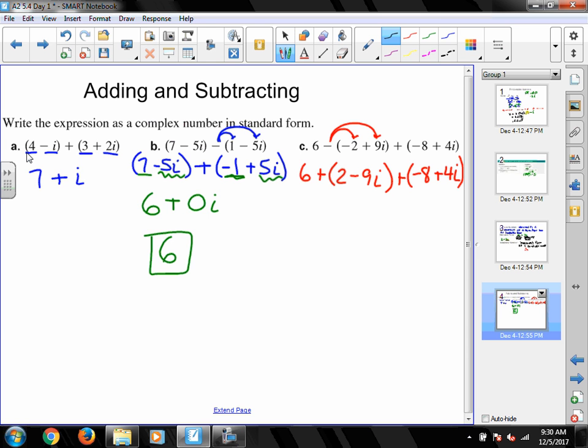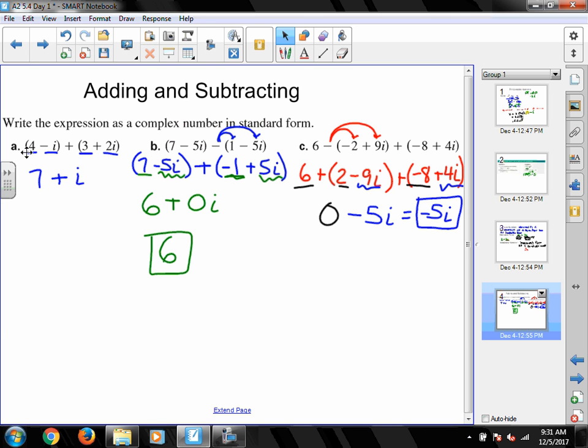We're going to collect all our real parts, our 6, 2, negative 8. 6 plus 2 is going to give me 8, minus 8 is going to give me 0. And if I look at my imaginary part, I'm going to take negative 9i plus 4i. That's going to give me negative 5i. And 0 minus 5i is just going to give us a negative 5i. So this one just ends up to be an imaginary number.